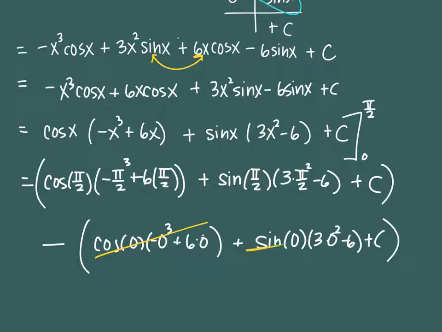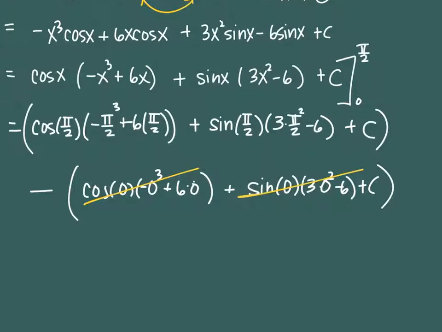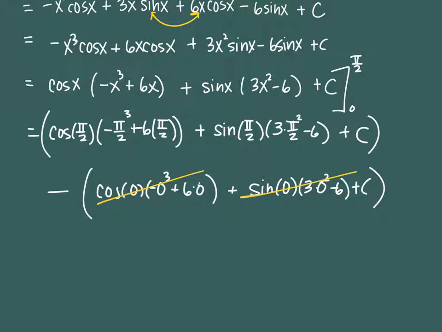So my 0 is going to end up, not because the cosine of 0 was, but the cosine of 0 is 1, but everything else was 0, and then the other side, everything else is 0. The other thing that's going to be 0 is the cosine of pi halves, so that's all going to be gone as well. And the c's. So a whole lot of stuff is 0.